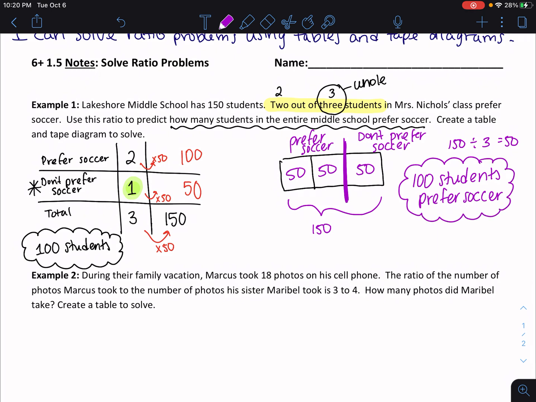Okay, the tape diagram provides more of a visual of the ratio, and the table is the more numerical style of representing the ratio. And either way you do it, you're going to get the same number of students.